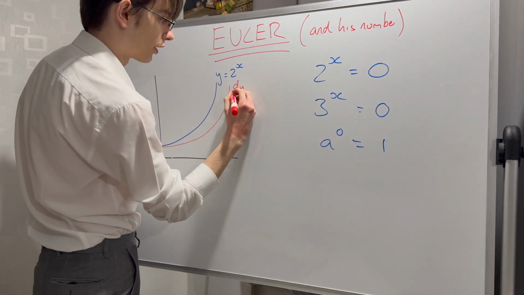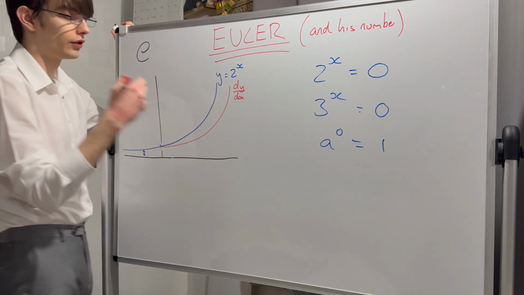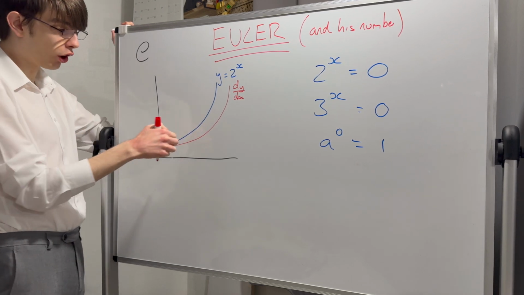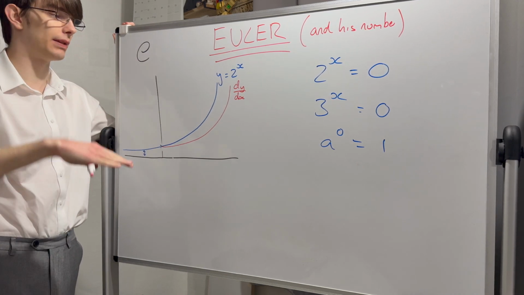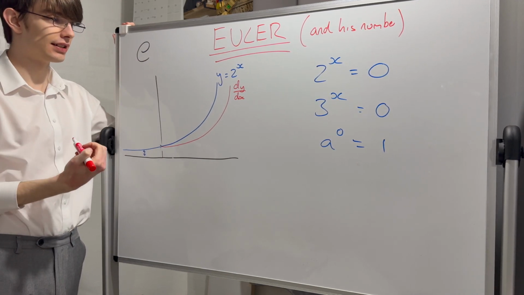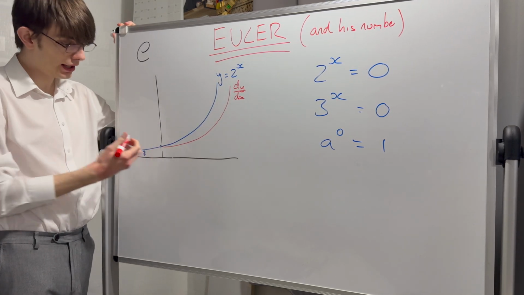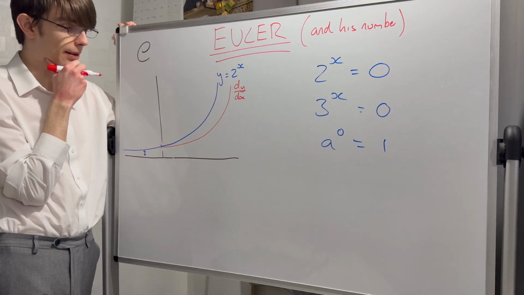So this is my gradient, dy by dx of 2 to the x. And what you'll notice is that because of how this graph is structured, because it changes so rapidly, the gradient, when plotted on its own graph, has the same shape. It's not exactly lined up, but it has its own shape.